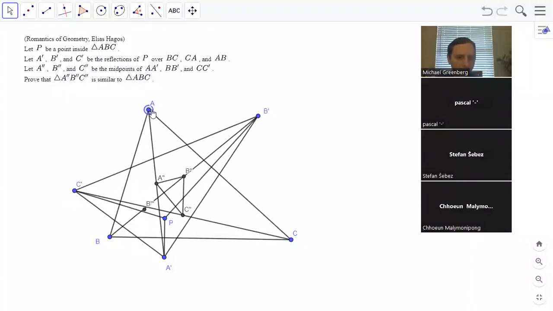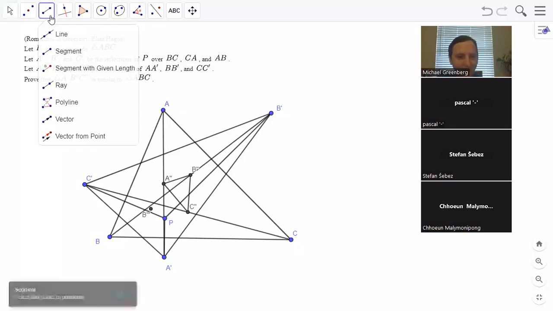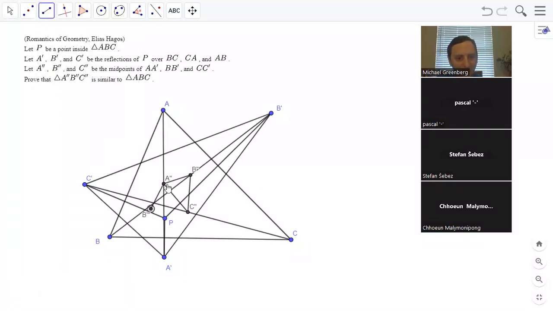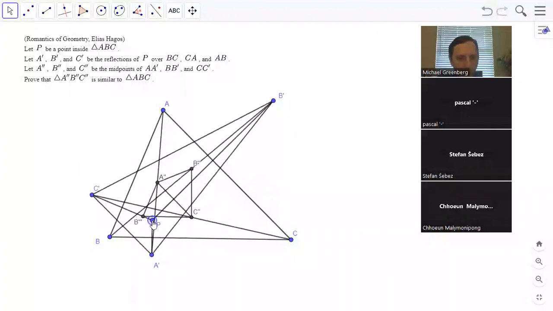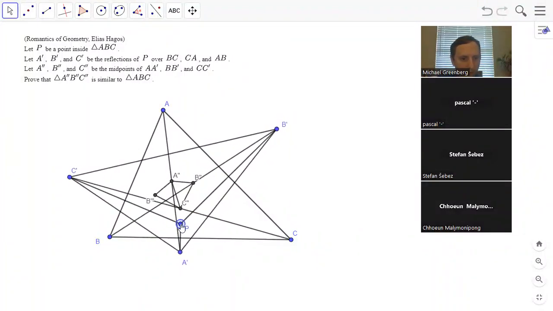So B triple prime. And then it almost looks like those concur, so let me try to make the diagram better so it doesn't look like that. All right.